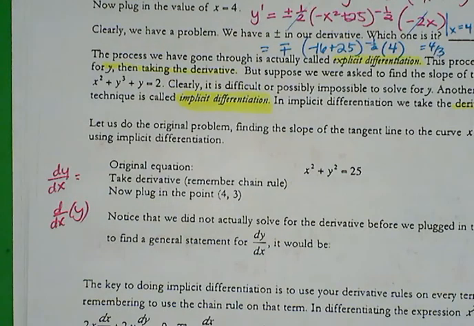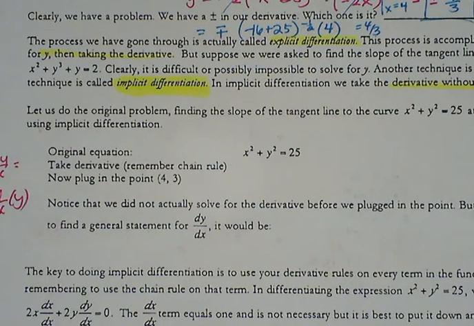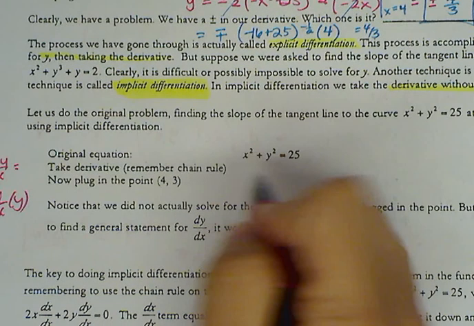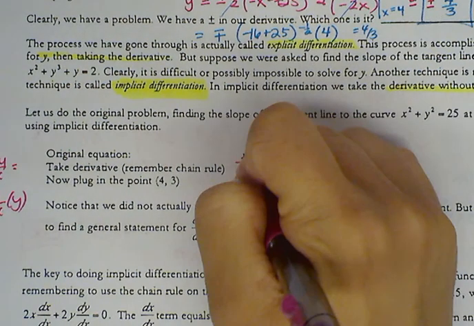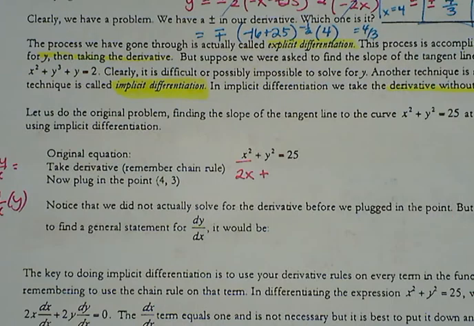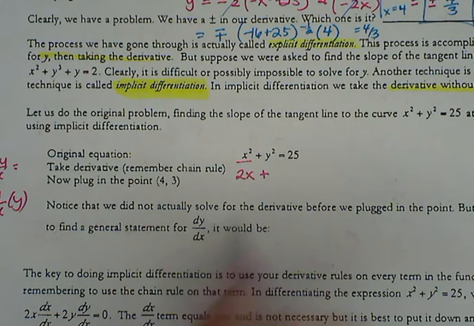Oh. Okay? Alright, so now remember the chain rule. What's the derivative with respect to x of x squared? 2x. Good. Now we have a y here, but we're finding the derivative of y with respect to x. So what's the derivative of this?